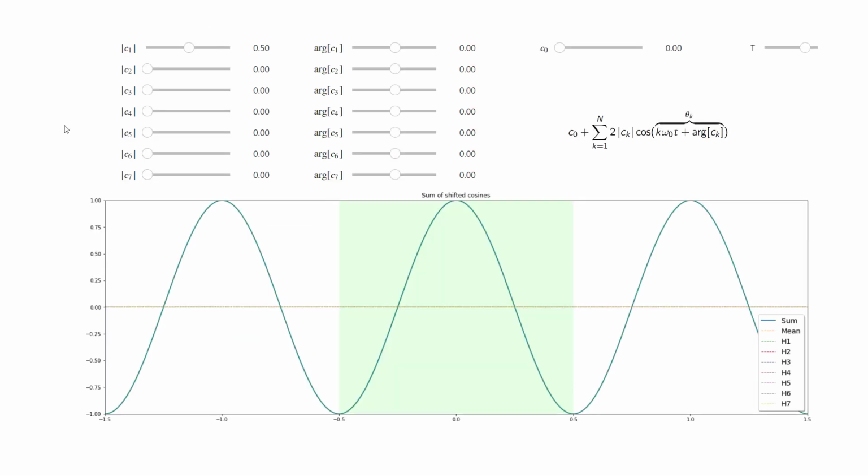And here is this first animation. As you can see, you can influence the 7 Fourier coefficients using sliders. You can influence the modulus of each individual Fourier coefficient, and you can also influence its argument.